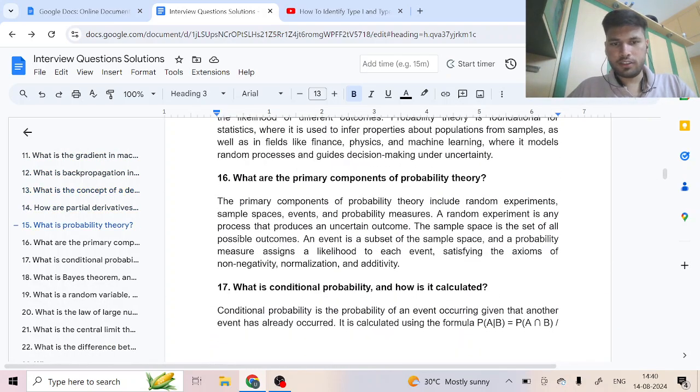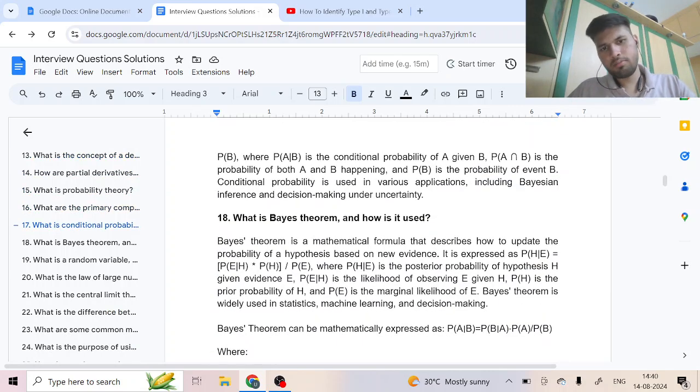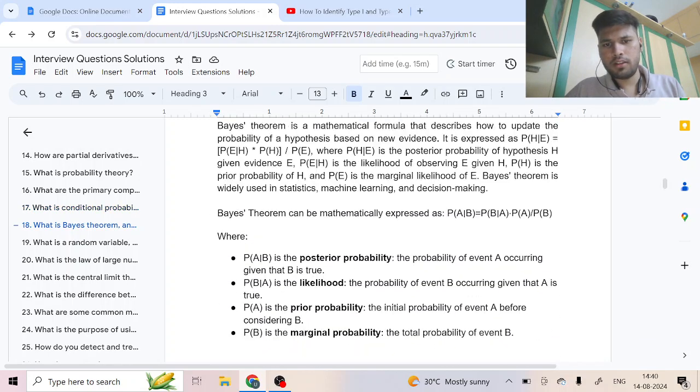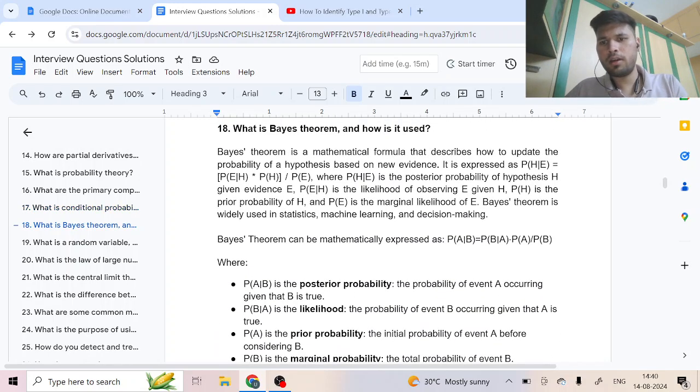Now the third question might be, what is Bayes theorem and how is it used? Bayes theorem is a mathematical formula based on the concept of conditional probability, which says that P(A|B) is equal to P(B|A) times P(A), whole divided by P(B).